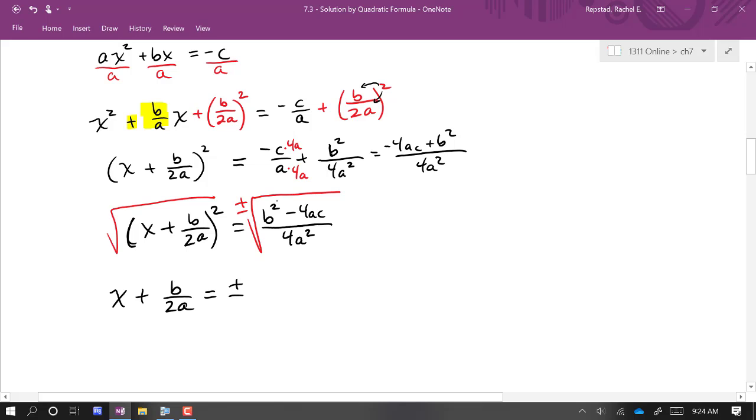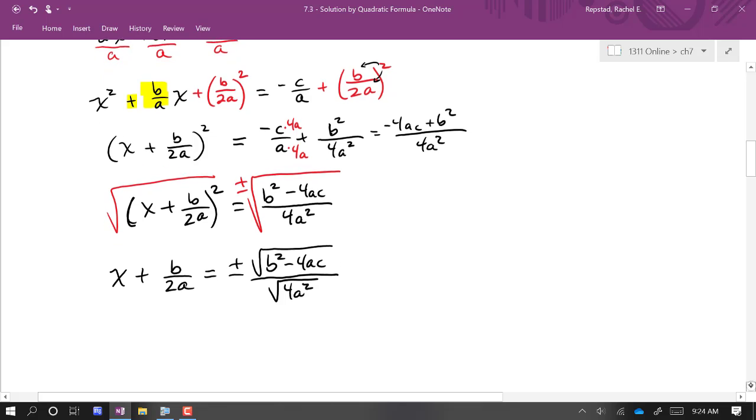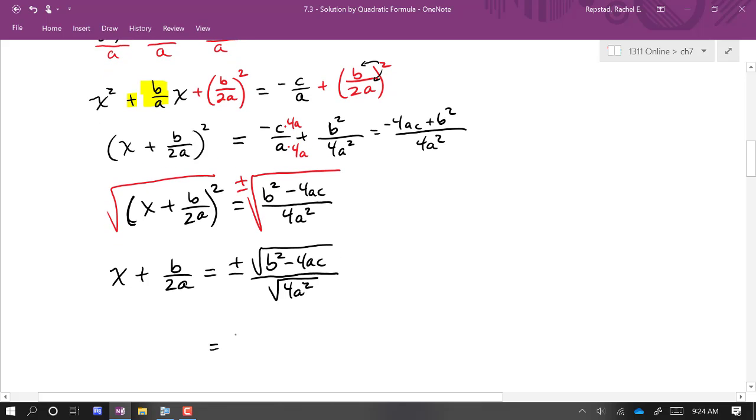I'm going to split up the radical over division here. So the square root of b squared minus 4ac over the square root of 4a squared. The square root of 4a squared, well, that is 2a.